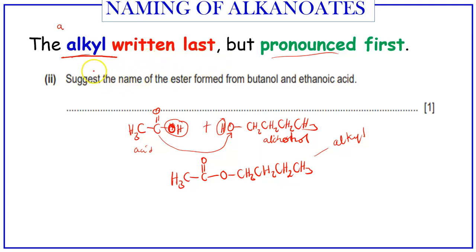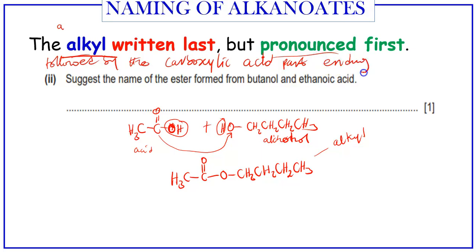The alkyl part is written last, pronounced first, then followed by the carboxylic acid part, ending with OATE, okay?